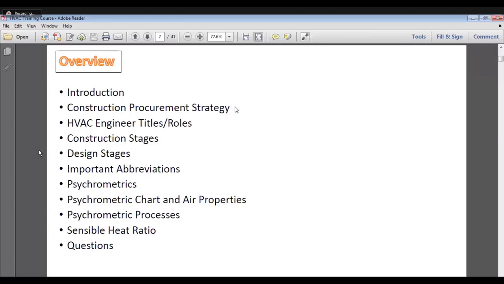Actually, in this lecture we will take this introduction in addition to some basics of HVAC systems. In these basics we will discuss how we can provide cooling to spaces. In case it's very hot in summer, everyone is talking about how to cool.